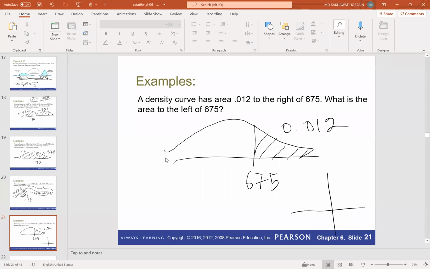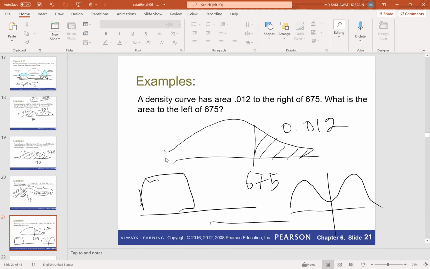No, the density curve could be like this, or like this. It could have any shape. It depends on the distribution actually.